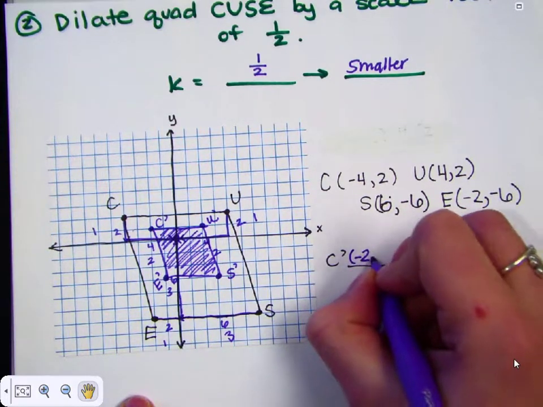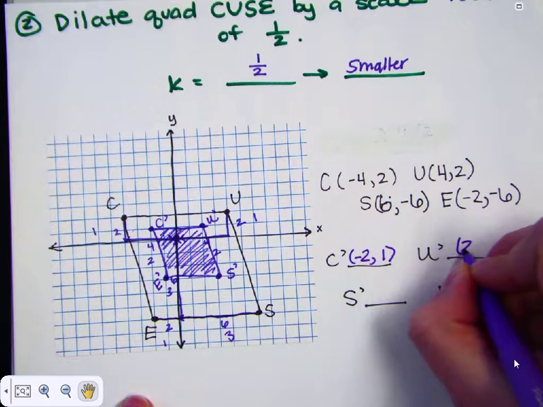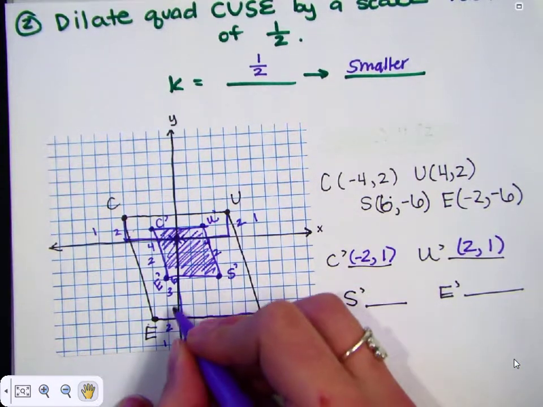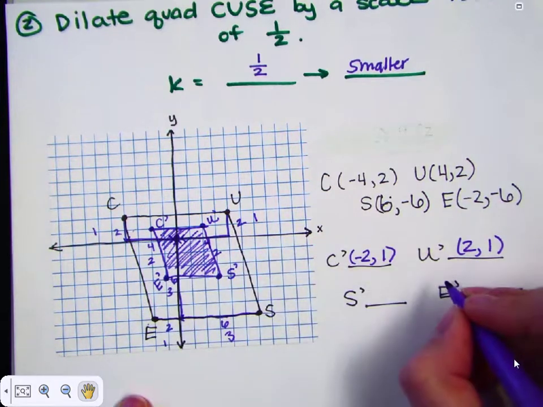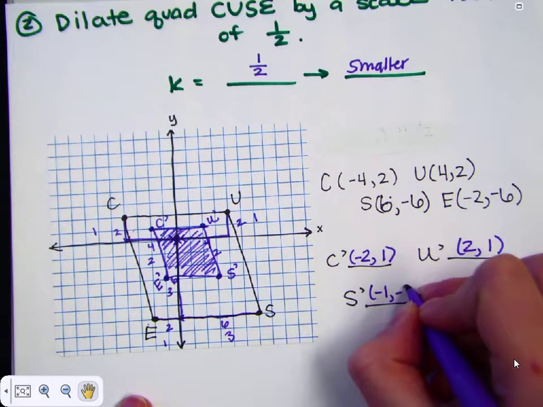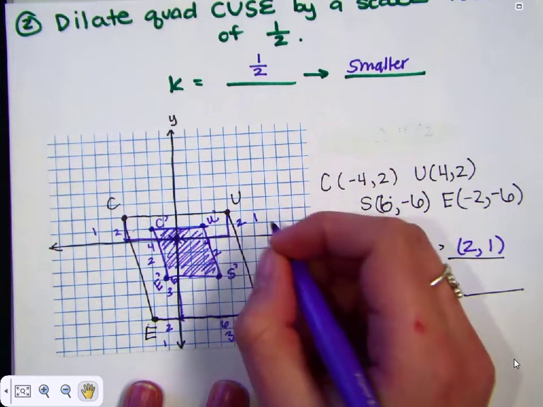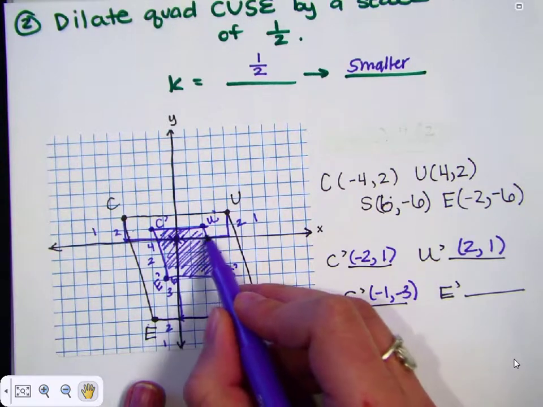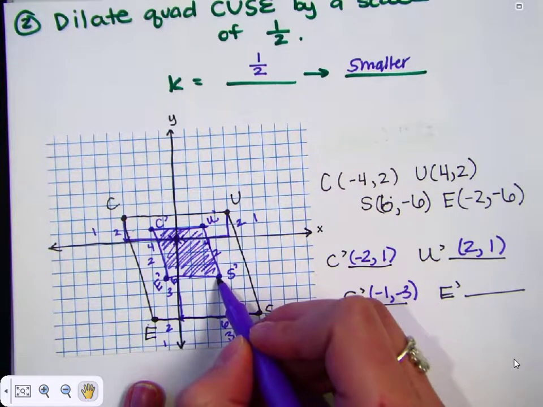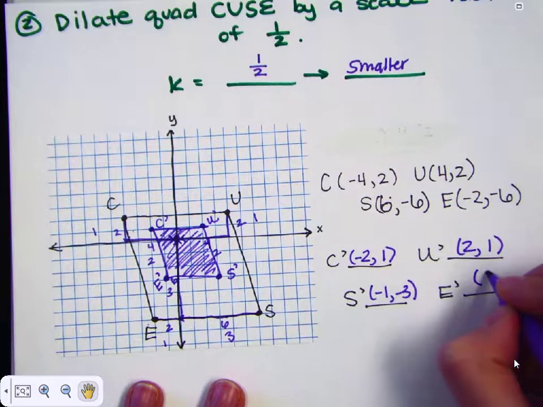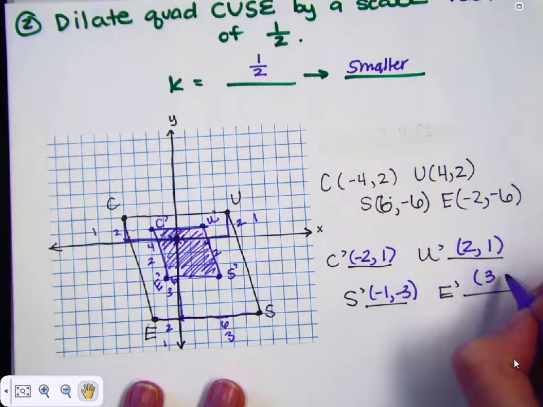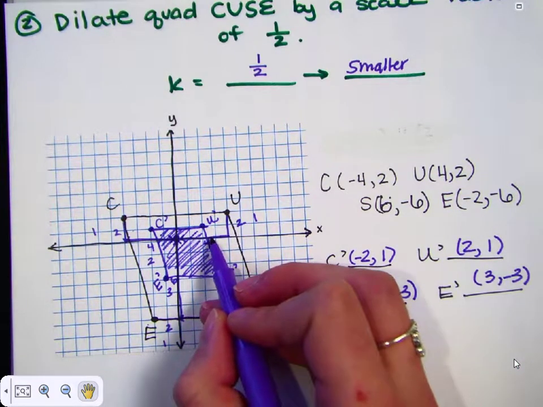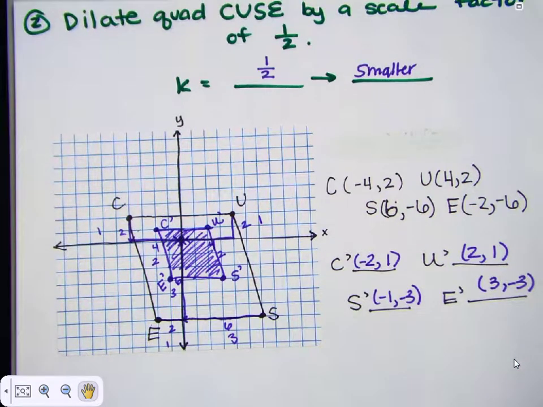So I have C prime (-2, -1), U prime (2, -1), E prime (-1, -3), and S prime is (3, -3).